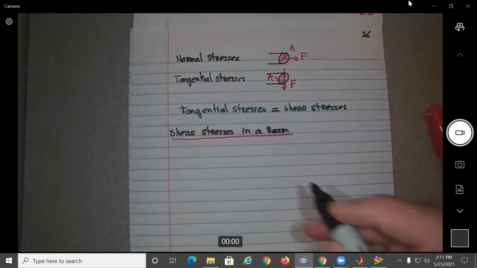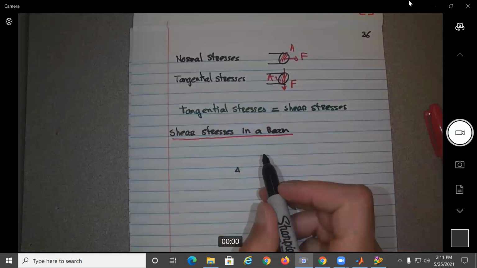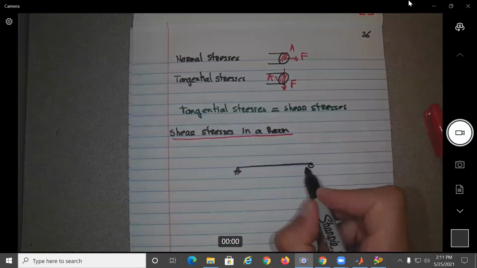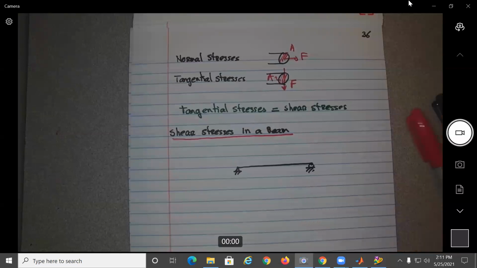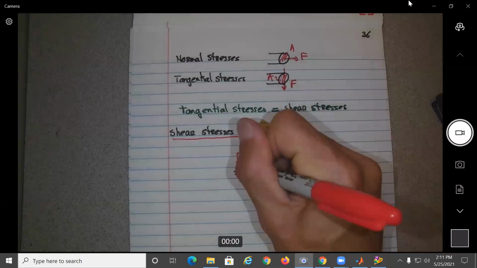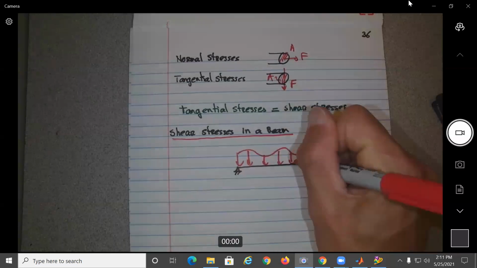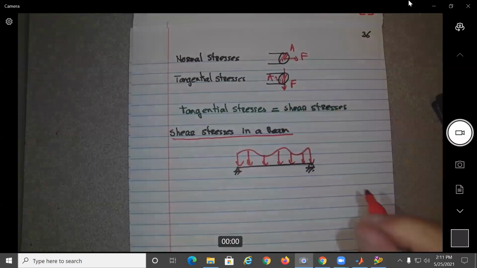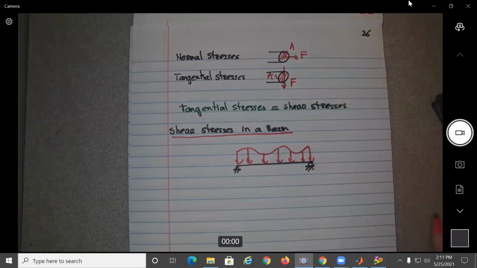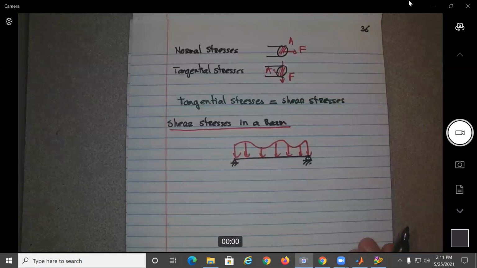So if you have a beam, I just do a general beam, okay? You can do any load that you want. Let's say it has a very complicated loading like this. Doesn't matter, okay? So we did the shear and bending moment diagram.